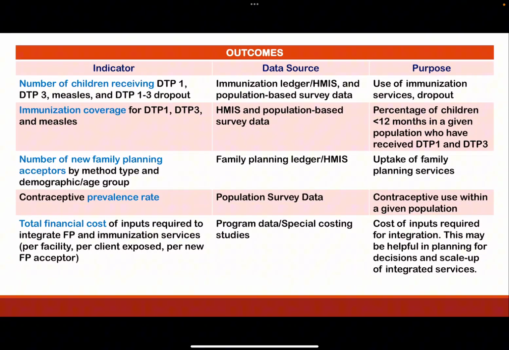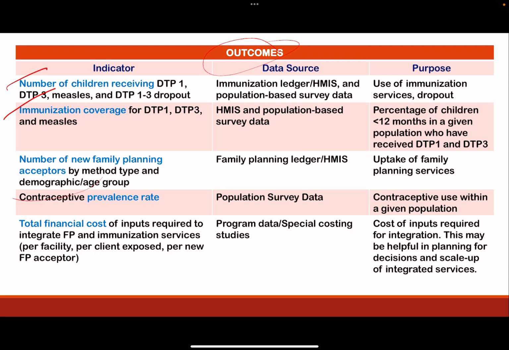Outcomes, these are the results. Okay? So, we have here number of children receiving DTP1, immunization coverage. Again, ang under sa outcomes, yung result, prevalence rate, 'di ba?